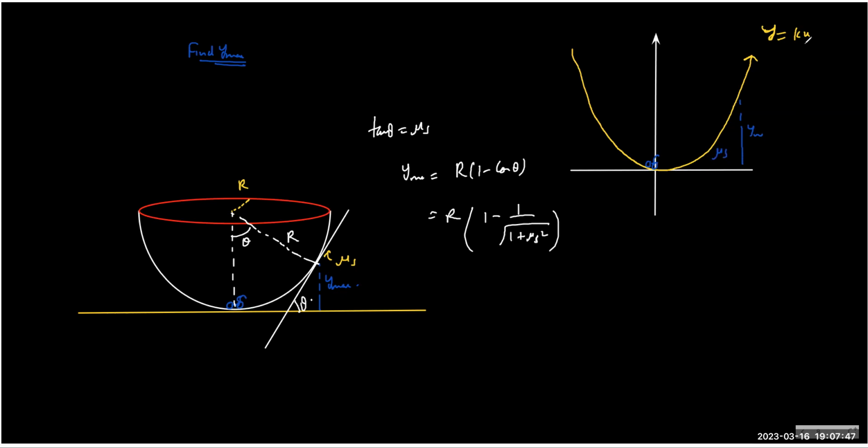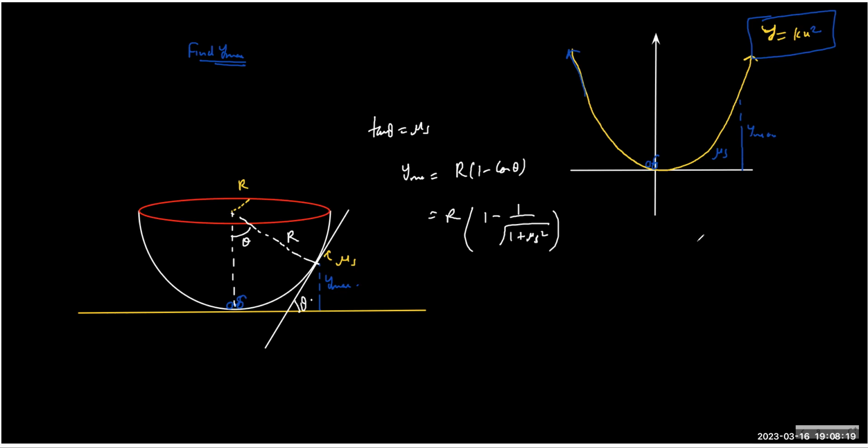Okay, same question. y equals k x square. Then how high can you climb? The insect can go up to... Tell me quickly. Sir, mu square by 4k.